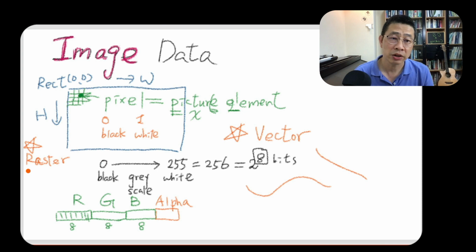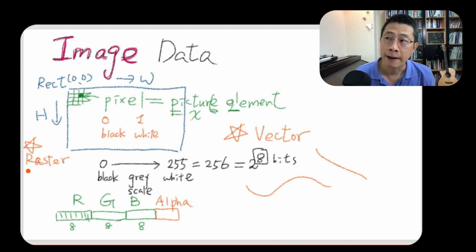On the other hand, vector images, because we use math geometry to describe the shape, can avoid this because every time you scale up or scale down the image, they recalculate.